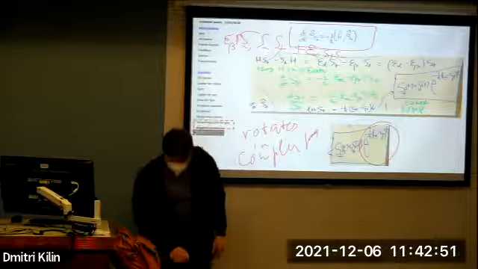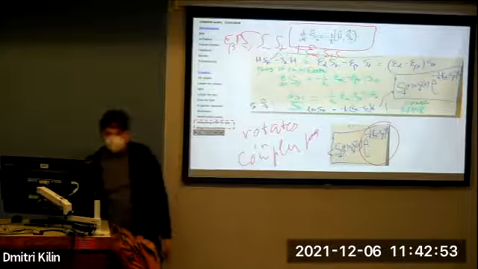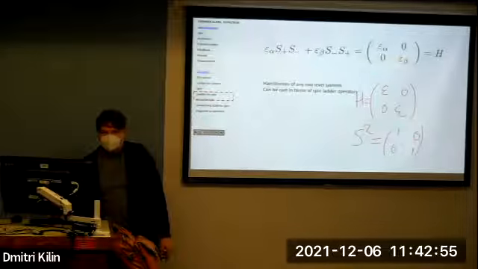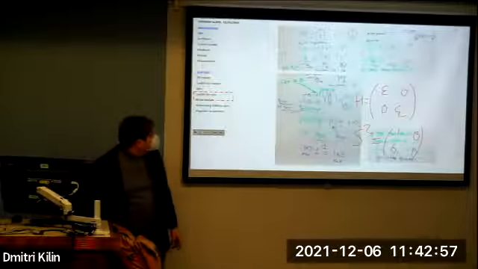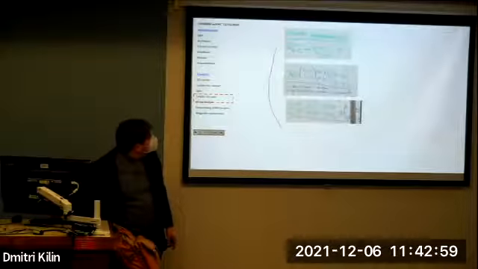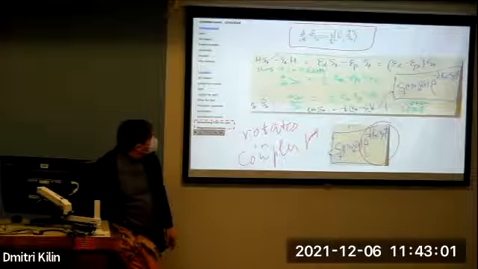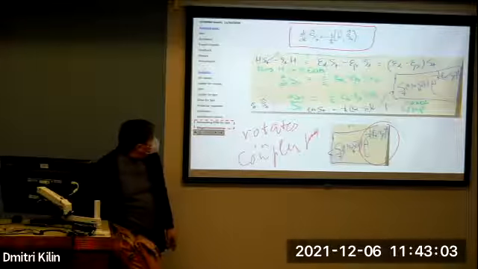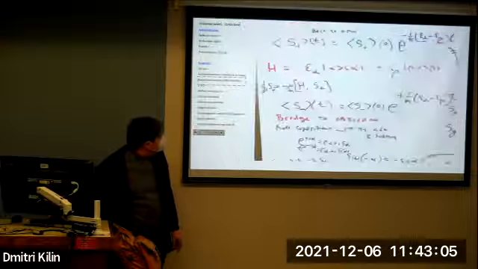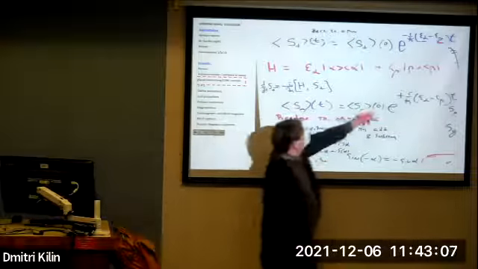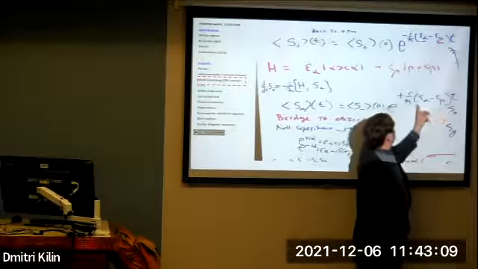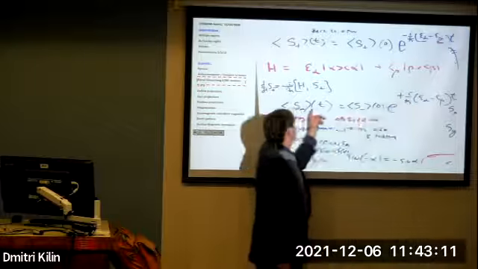So the same trick can be applied for S minus. The difference will be only that the evolution will be in the opposite direction: alpha minus beta, beta minus alpha.